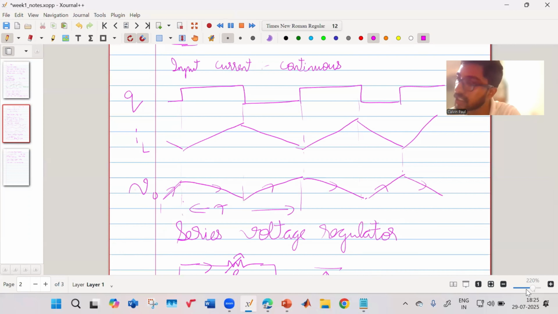Further, the switches are turning on, turning off, turning on, turning off. That actually generates noise, which in some applications is not desirable. So in those cases we use an LDO.